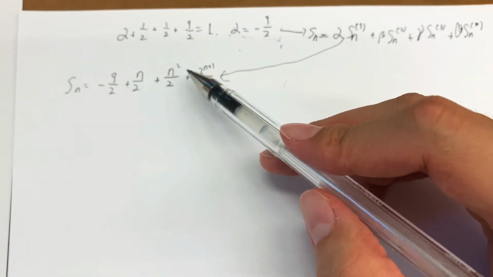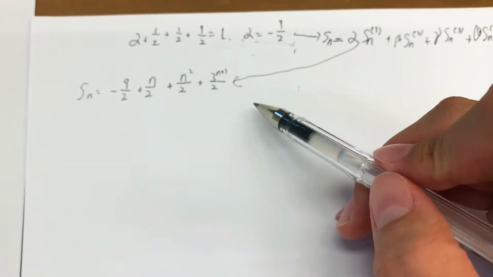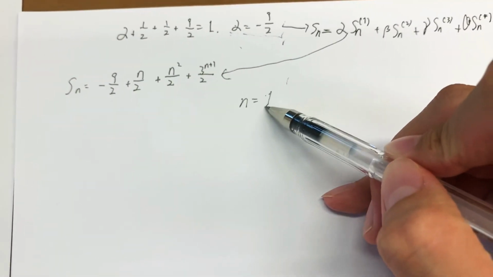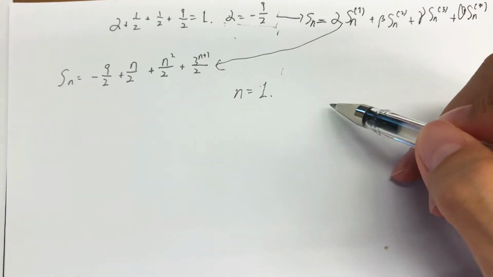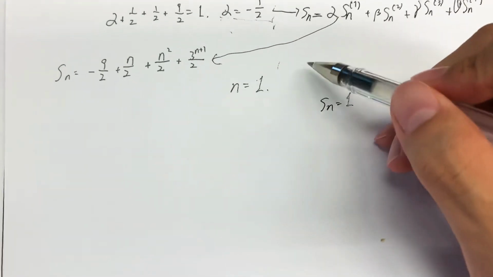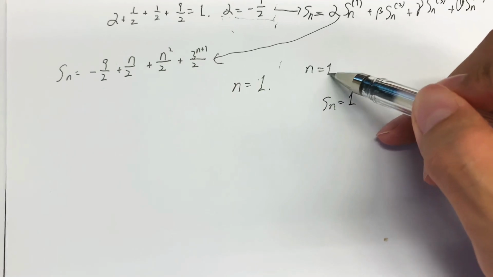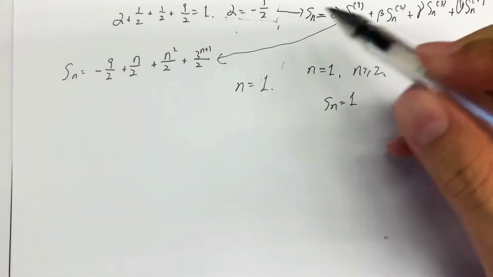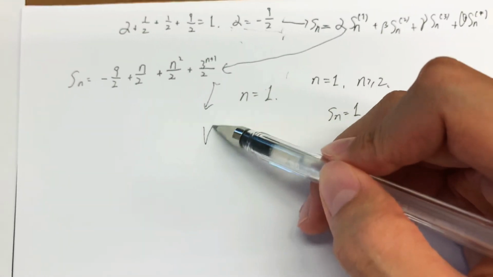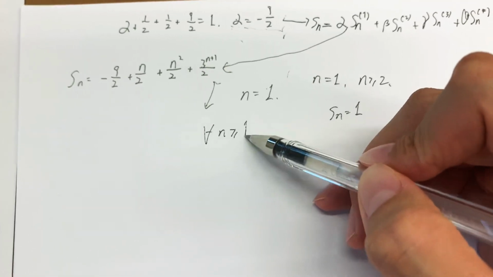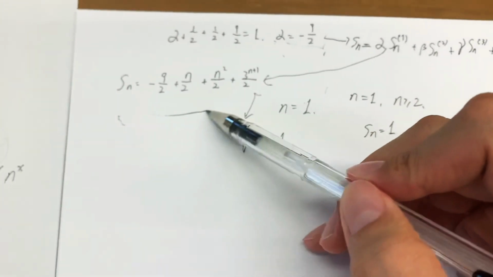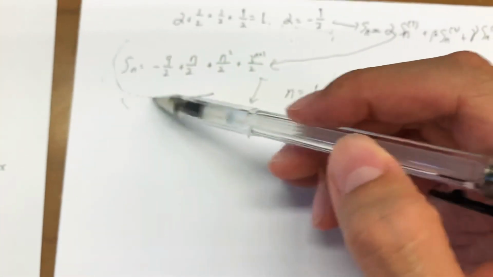You see that it satisfies, and you can check that even for n equals 1, the condition also holds, Sn equals 1. So there is no difference between n equals 1 or n bigger than 2. So this satisfies for all n bigger than 1. So this gives the representation of S1.